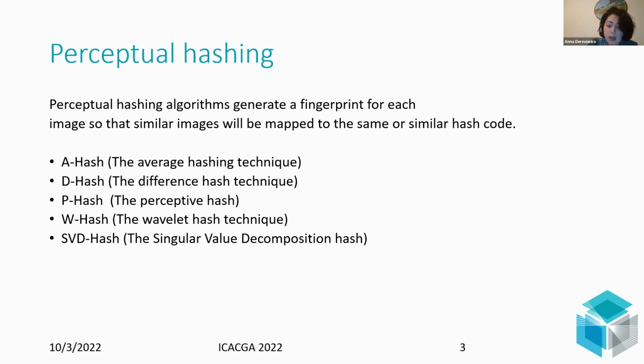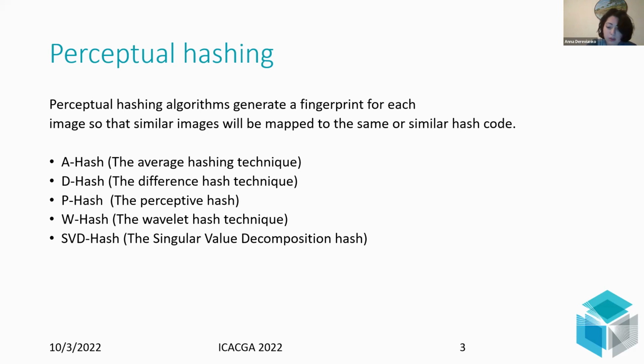What is it about? The average hashing technique produces a hash value of an image based on its low frequencies. They represent the image structures and point out the higher frequencies, which correspond to the image details, to what we see there. The difference hash technique is slightly different, but mostly similar to a-hash.